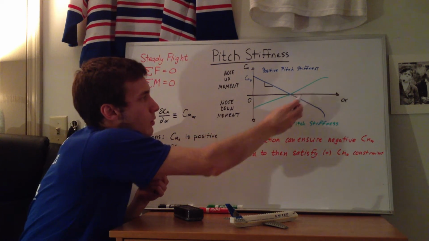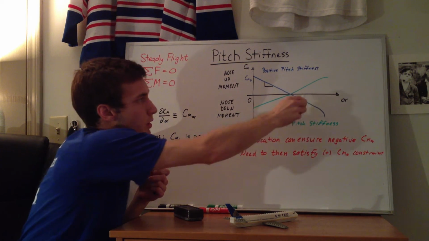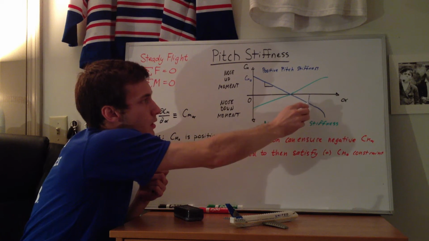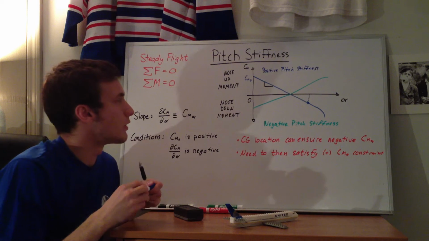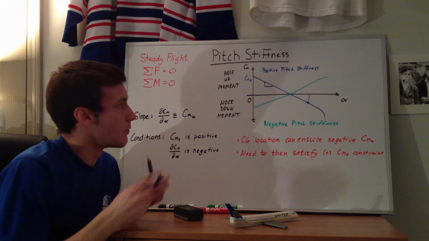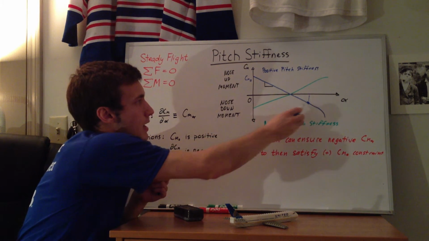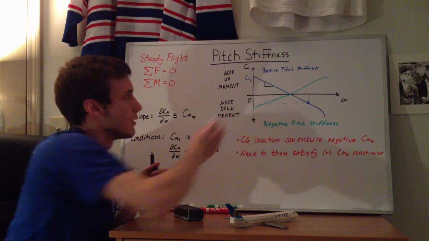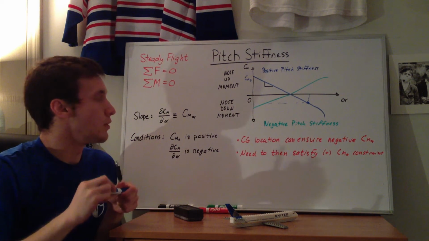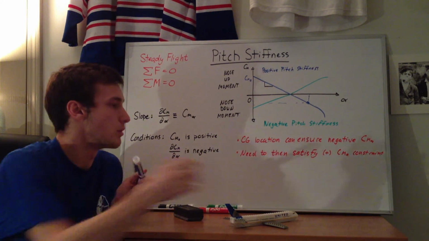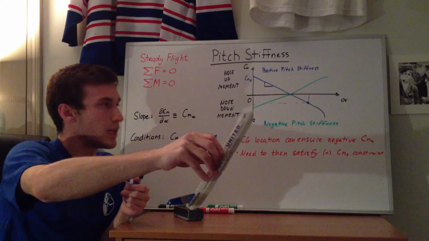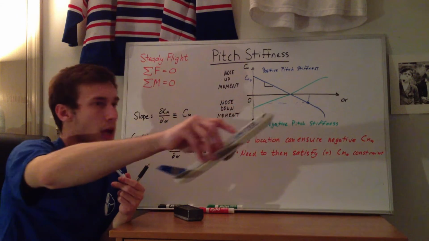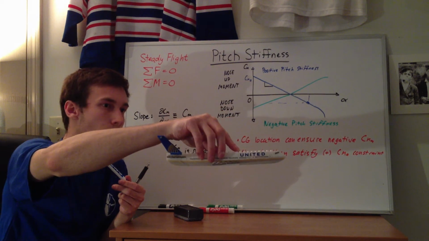At this angle of attack, because our nose went up, that corresponds to this point on our Cm alpha curve, which is at a negative value of the moment coefficient. So for this blue line, if our angle of attack increases, it's going to create a nose down pitching moment, so we're going to come back down to where we were.